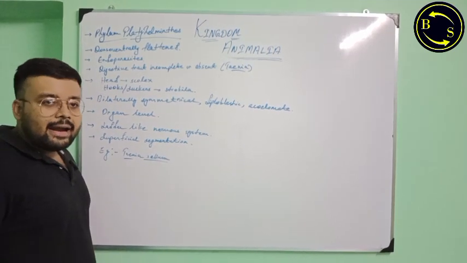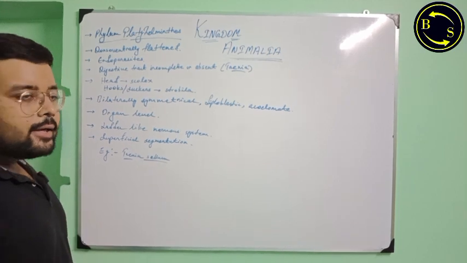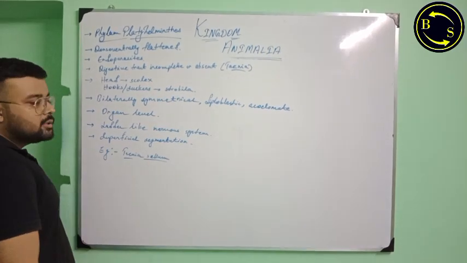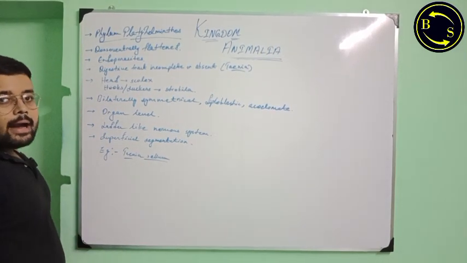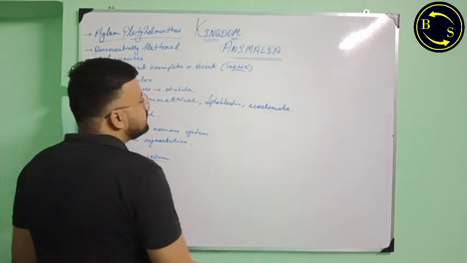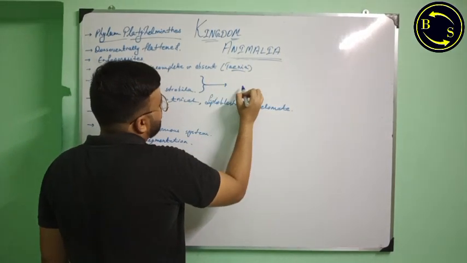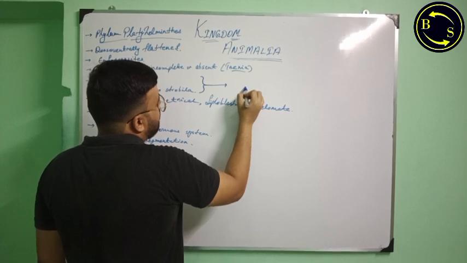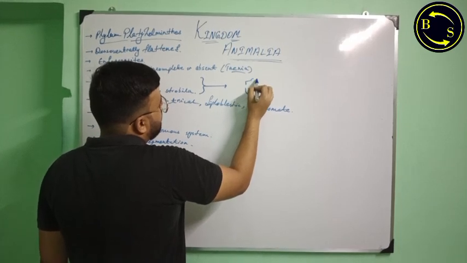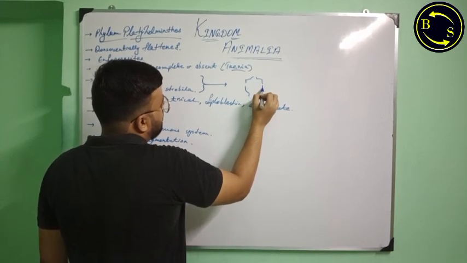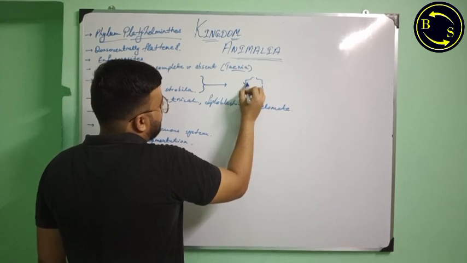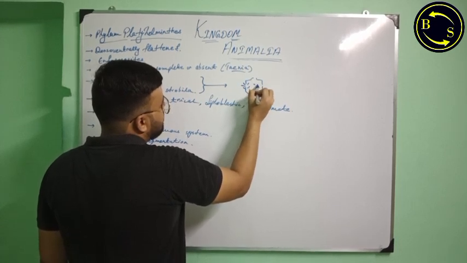Okay. They have a head-like structure called scolex with hooks or suckers with which they attach to the intestine. It looks like this. They have spikes like this.